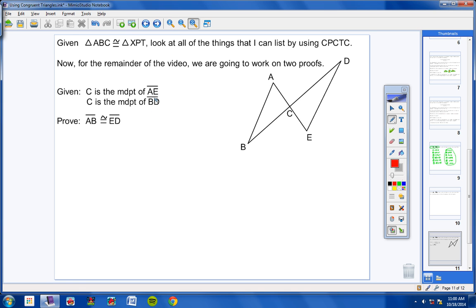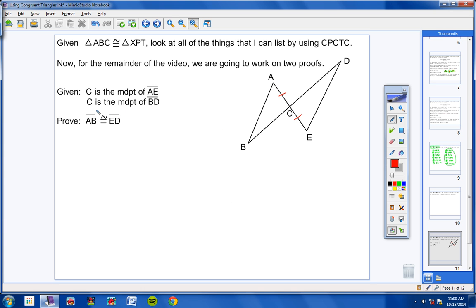The first thing we do is we take our given and we put it over here on the figure. So C is the midpoint of AE. So C is right in the middle of AE. Okay? So if C is right in the middle, then we know this figure here is congruent to this figure here. Okay? Now, this segment is congruent to this segment here.